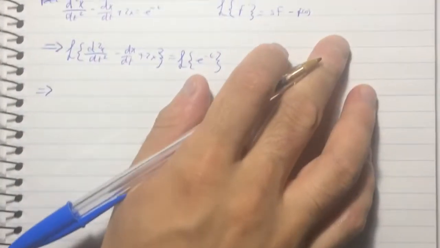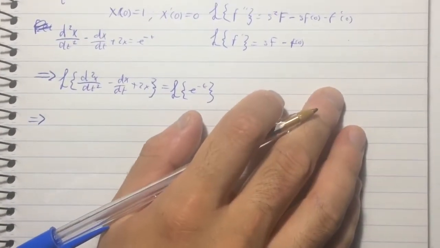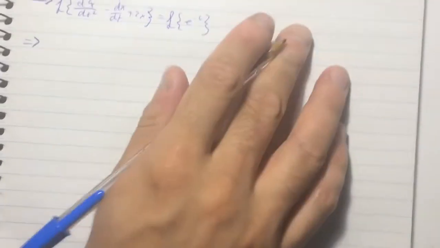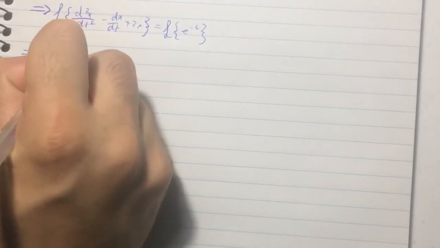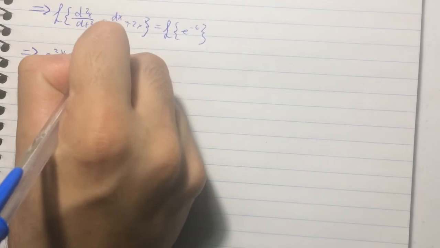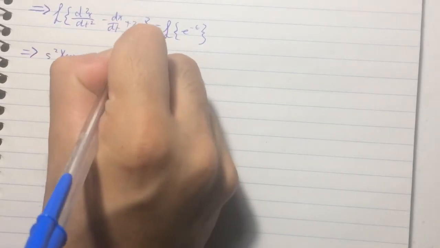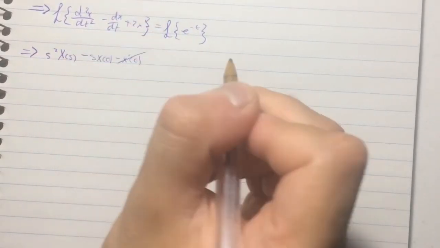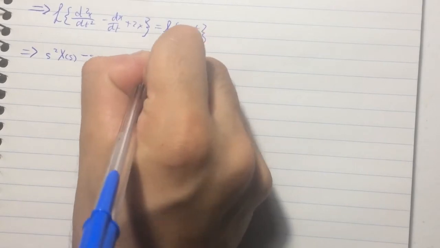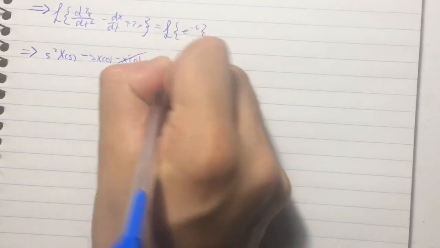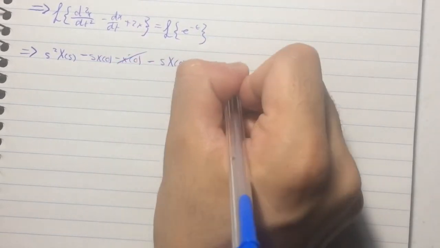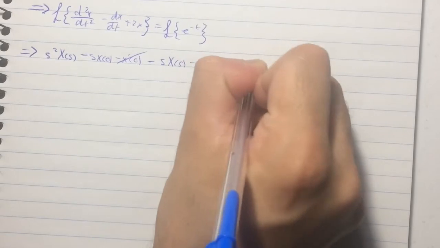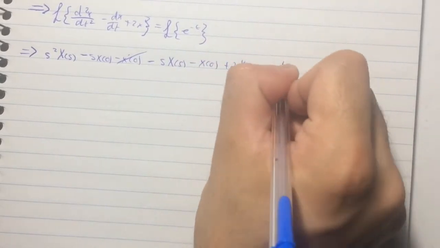So, applying the formula seen above, we can say that this will be s squared Xs minus s x of 0 minus x dash of 0, well, I know that's going to be 0, minus the Laplace transform of the first derivative, which is just going to be sXs minus x of 0, plus 2Xs is equal to 1 over s plus 1.